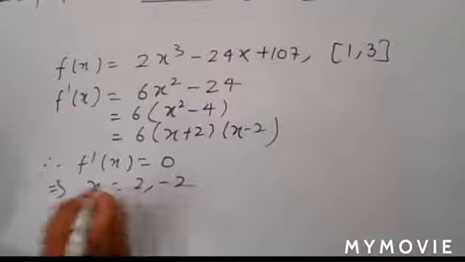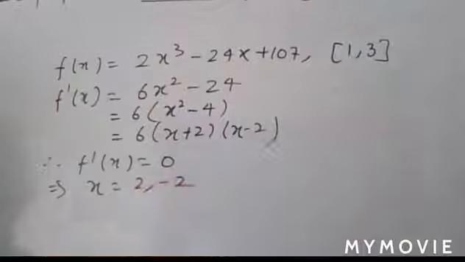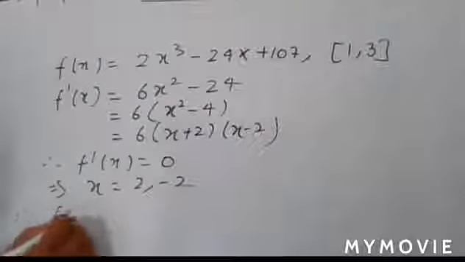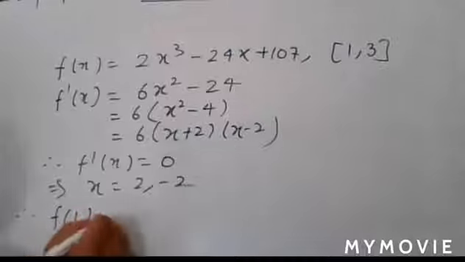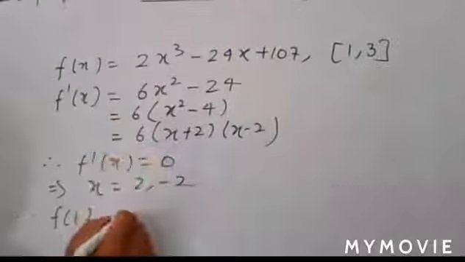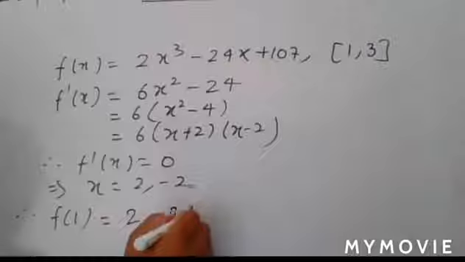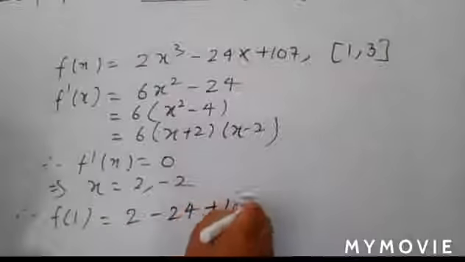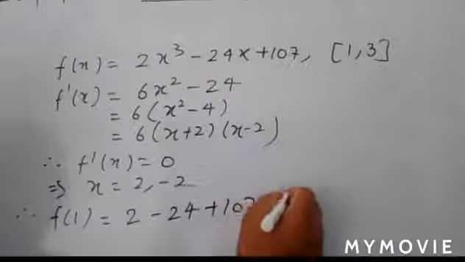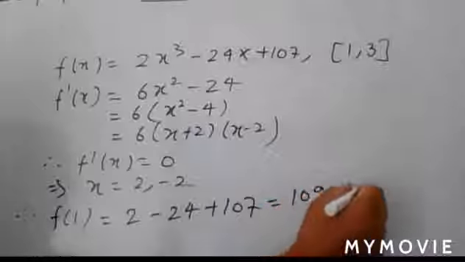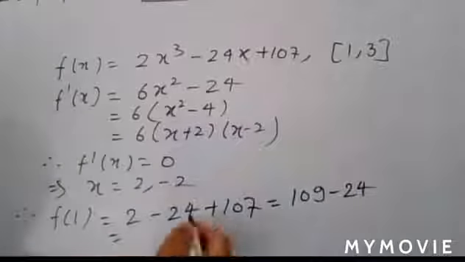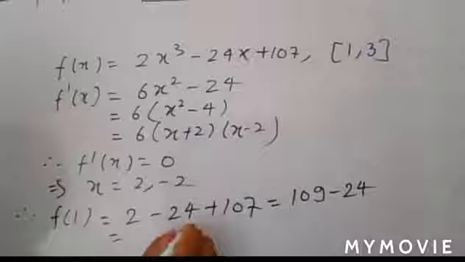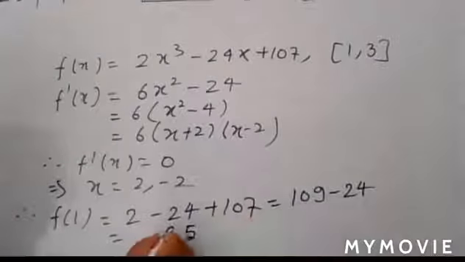First of all, you find the value of f(1). Putting the value in the given function: 2 - 24 + 107. Simplifying, 109 minus 24, so 9 minus 4 is 5, and here you have 85.